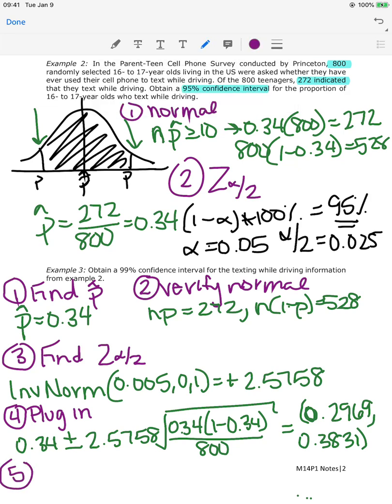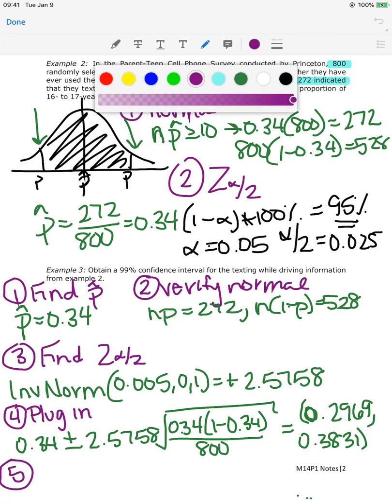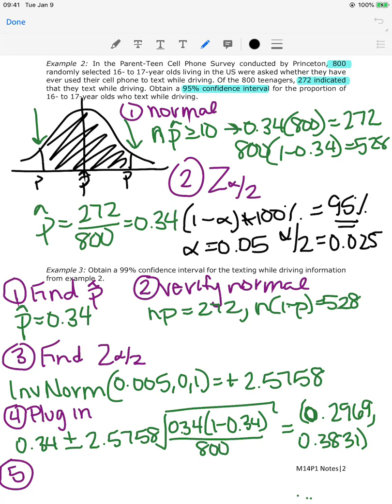So my final step is to write an interpretation of this interval. And the idea is that I could give this interpretation to my grandmother and she would know what I'm trying to say.